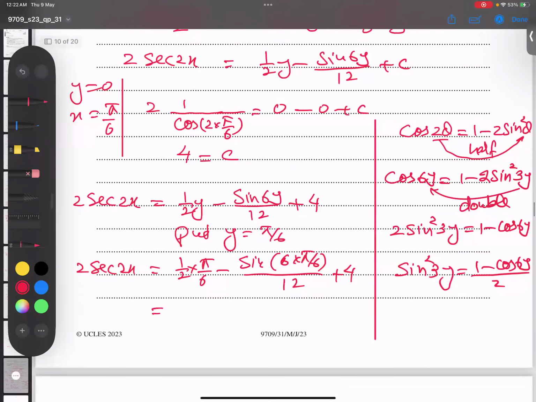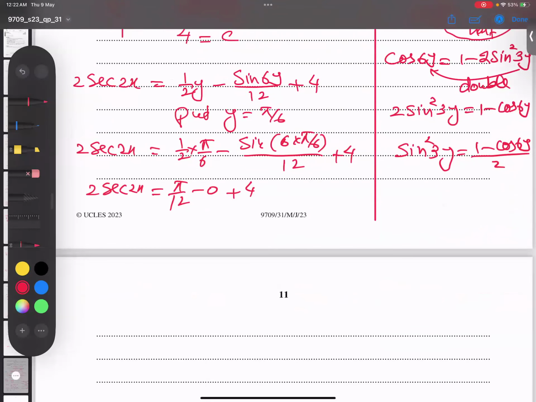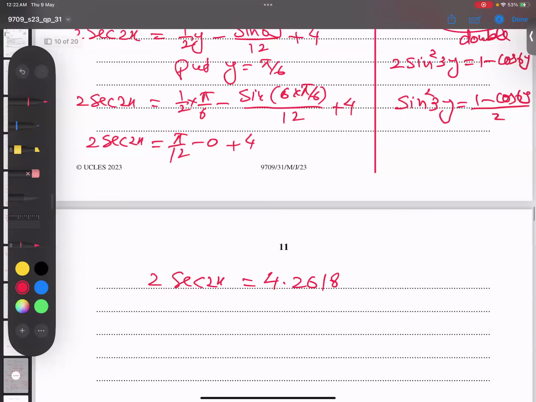And you know, student, this becomes pi by 12 and this is 0, because sine pi is 0, you can type in the calculator. And I got this plus 4 and 2 secant double x. Then I got pi divided by 12 plus 4. I got 2 secant double x equals 4.26118, we can say. And divided by 2, I'm getting here what?